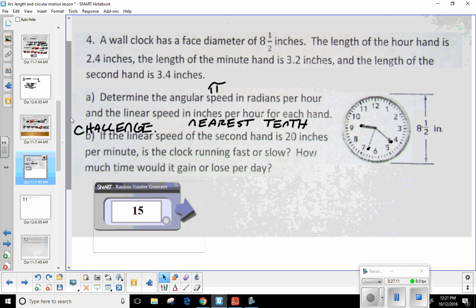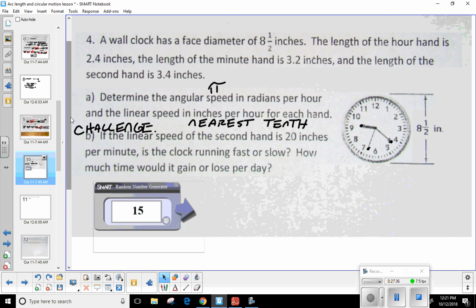So let's see. You're doing the minute hand, 1 revolution in 60 minutes. Yes. So that's the angular. Okay. Oh, but it wanted it in radians per hour. So you just need to convert minutes to hours.